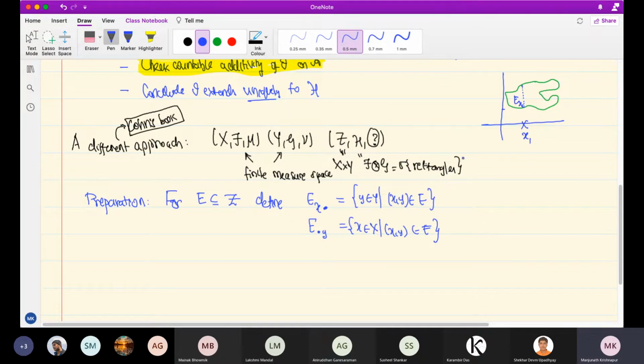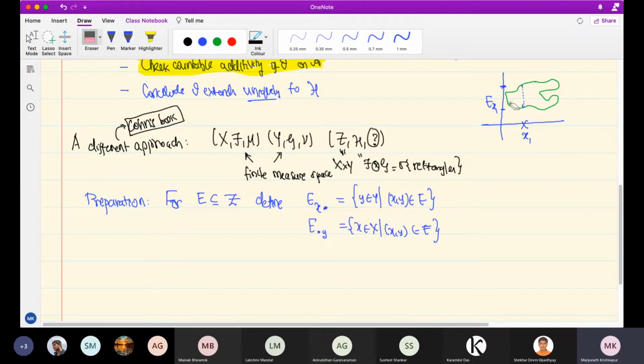It is a subset of Y. What I mean is you take all those parts and then project to Y. So you take x1 and all the parts it cuts through.